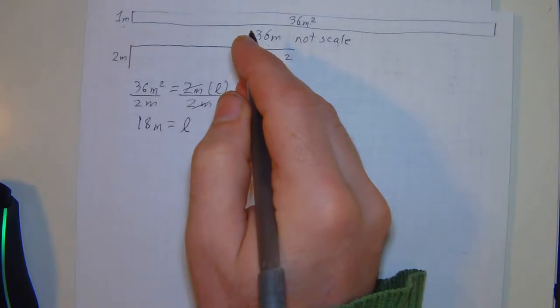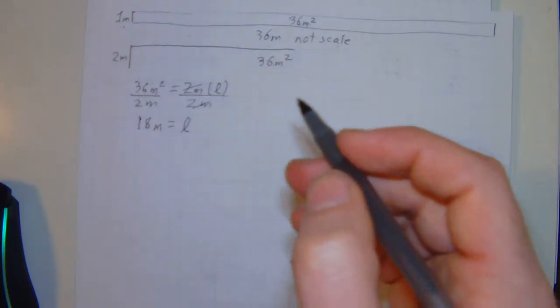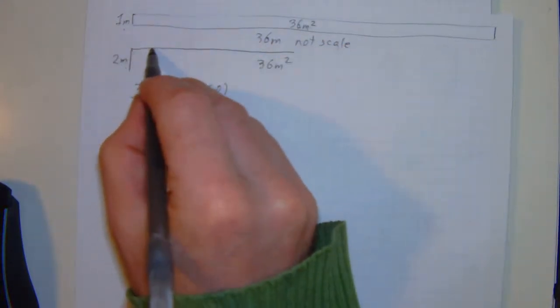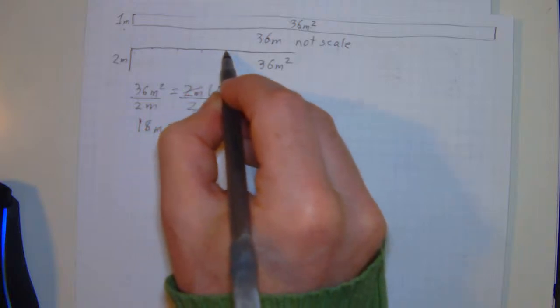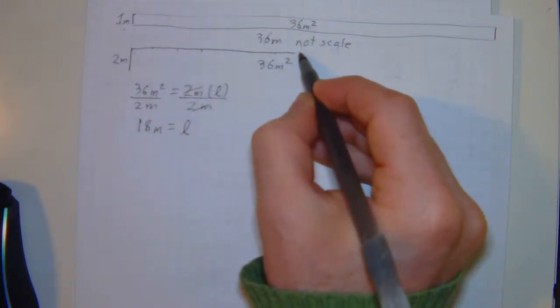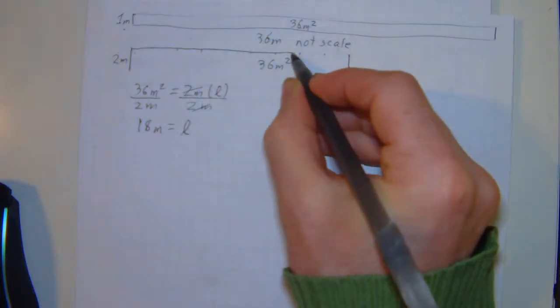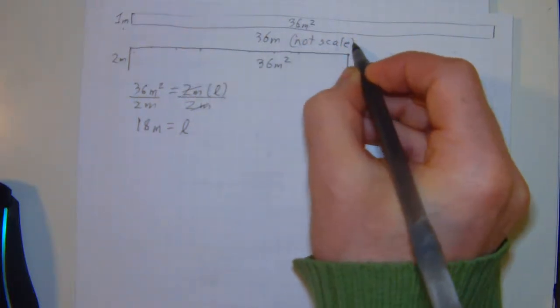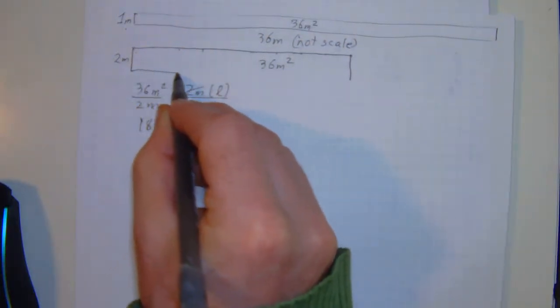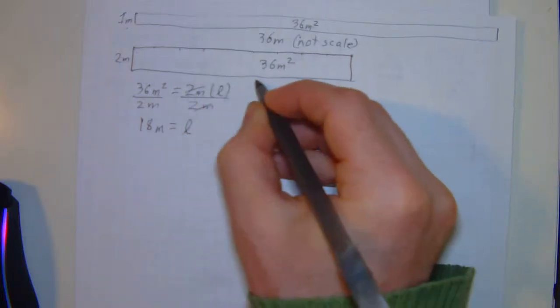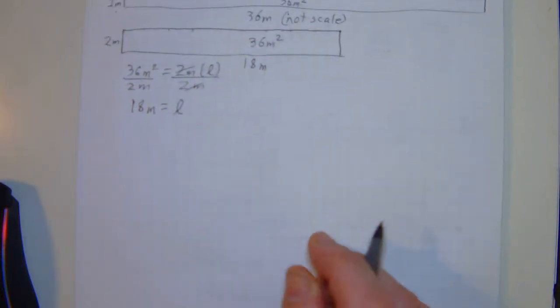Let's get a quick focus here. All right. So 2, 4, 6, 8, 10, 12, 14, 16, 18. So this one is to scale. 36 meters squared is 2 meters by 18 meters.